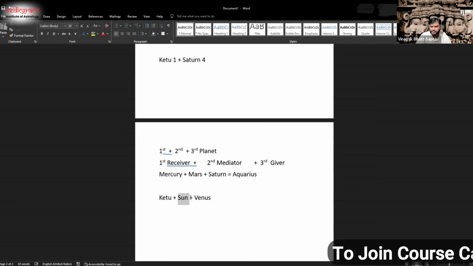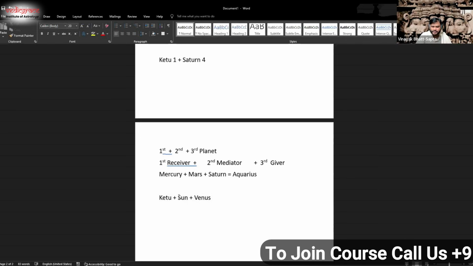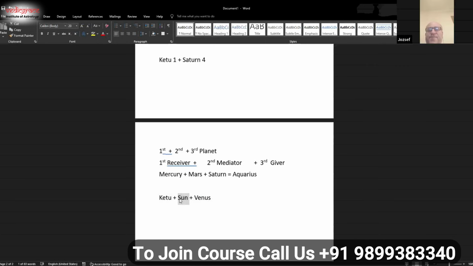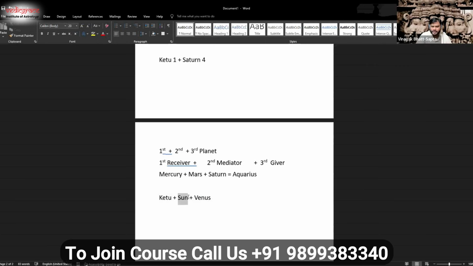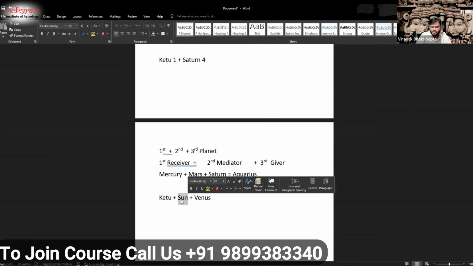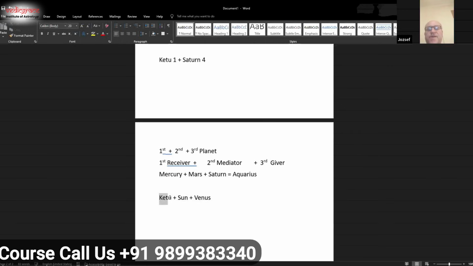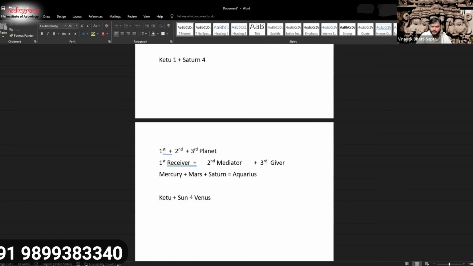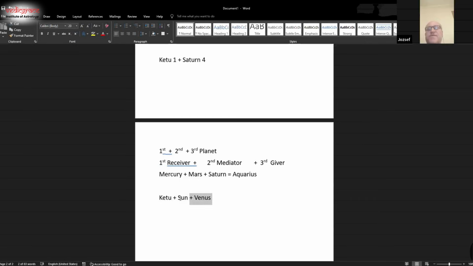What I am saying is Sun is father. Now Sun is in between Ketu and Venus. So this Ketu will act as the past for the father, and Venus will act as the future for the father. So what does it mean?